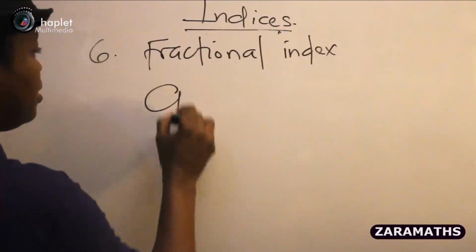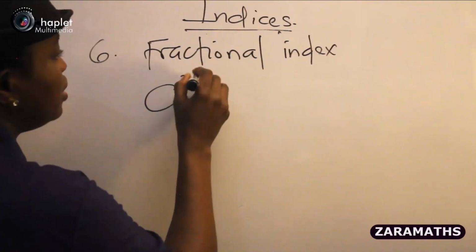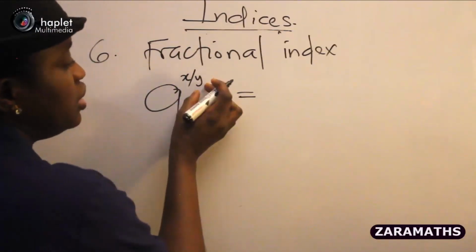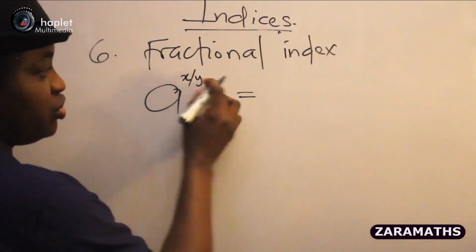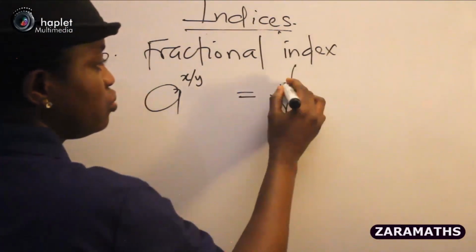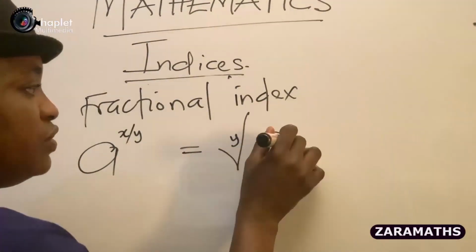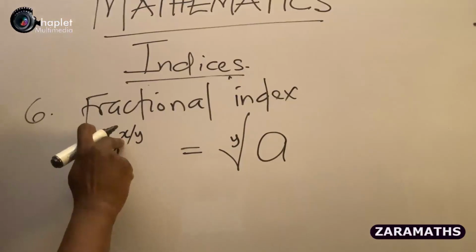Fractional index is when the power is a fraction. The denominator of the fraction becomes the root of the base raised to the power of the numerator.